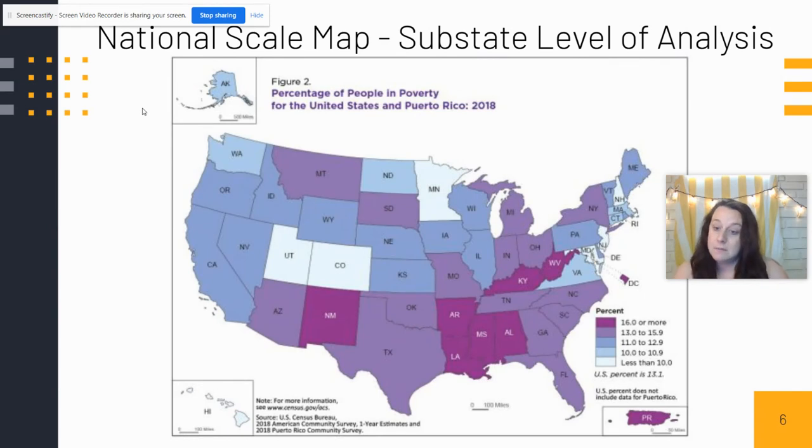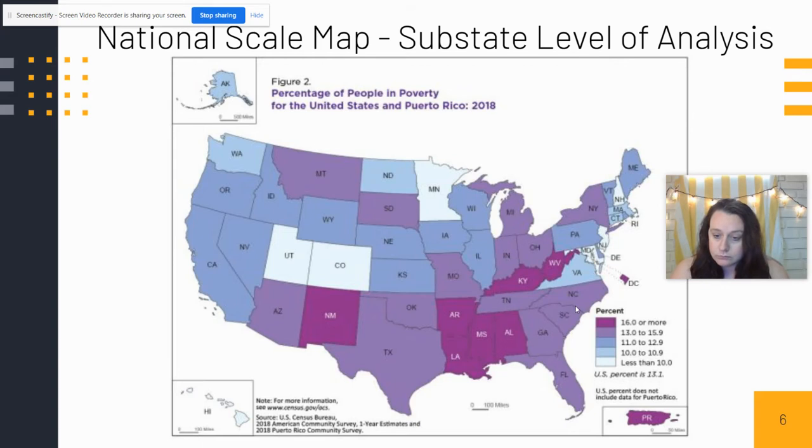But this is a subset, a sub-state level of analysis. So now I'm looking at the percentage of people in poverty for the United States, specifically in 2018, so it's a little bit more updated data.